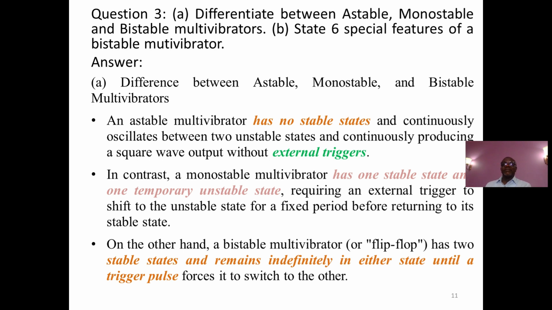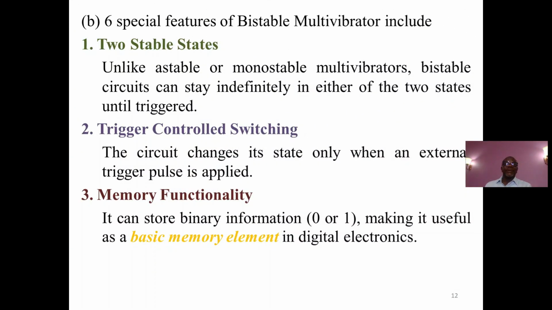Now, what are the special features of bistable multivibrators? You say that it has two stable states, quite unlike the astable and the monostable multivibrators. It stays indefinitely in either of the two states unless a trigger signal is applied.